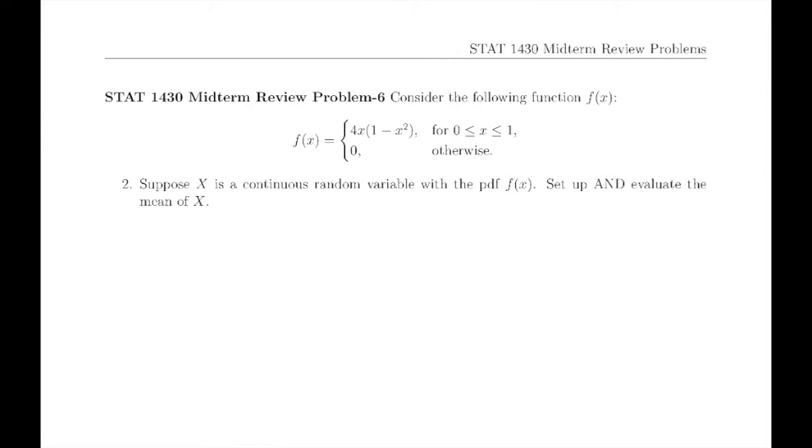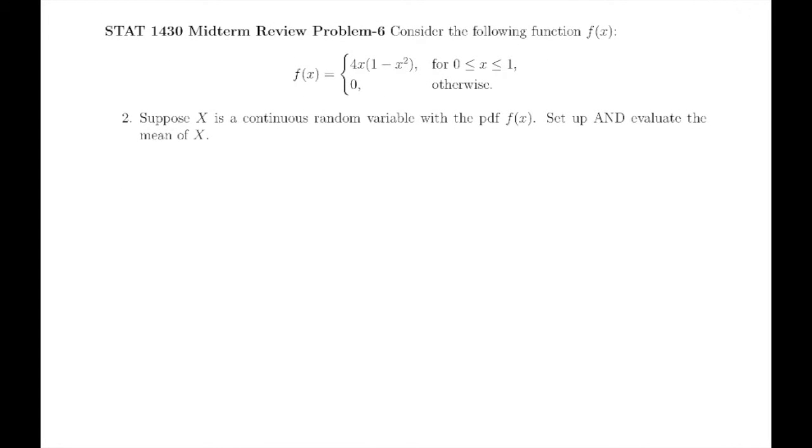Now let us go to the second portion of this problem. Suppose x is a continuous random variable with the given PDF f(x). And we want to set up and evaluate the mean of x.